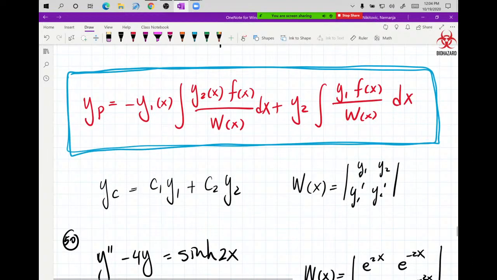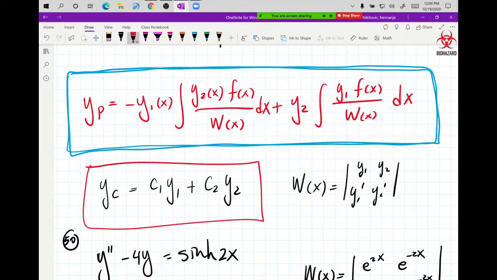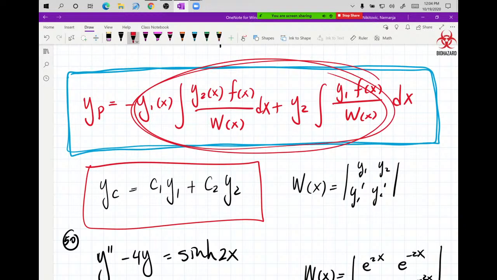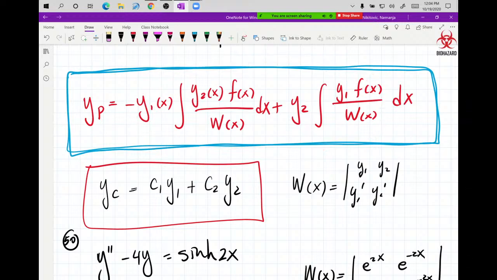Remember that the amount of these solutions here is the same as the order of the equation. So if you have a third degree equation with a third derivative, then you also have a y3. Well, there's no y3 in the formula, so you can't use variational parameters for that particular one.